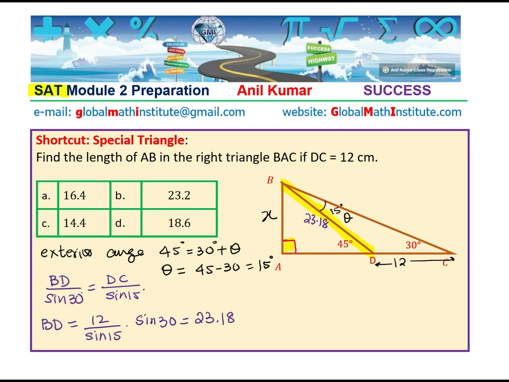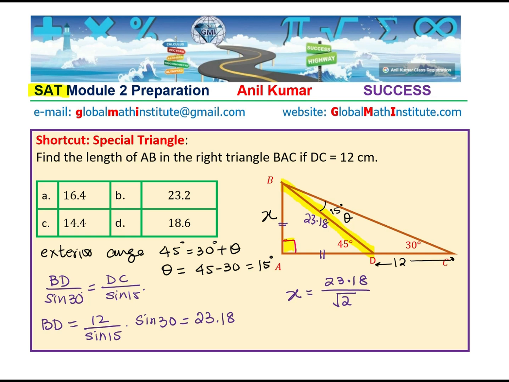We need to find x. Now the triangle BAD is a right angle triangle with 45 as one of the angles, therefore the two sides are equal. And clearly x should be equal to the hypotenuse, 23.18, divided by square root 2.